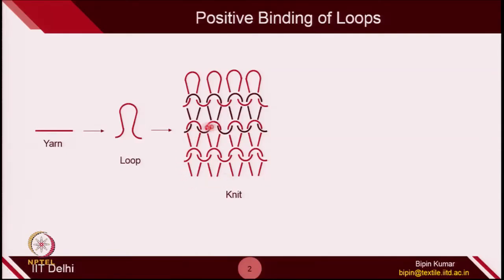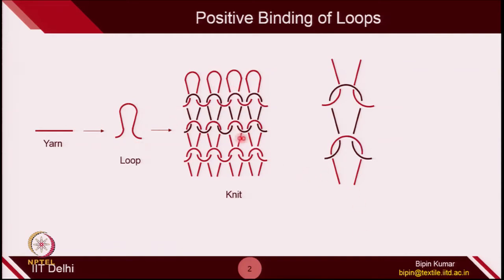So, let us move to the course. So, we have the yarn. To create a knit structure, we have to make sure whatever loop we create, it has to be positively bound by other loops. For example, we described this in lecture 2 also.